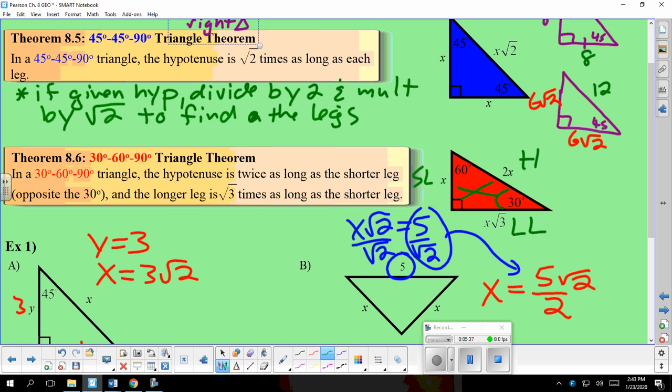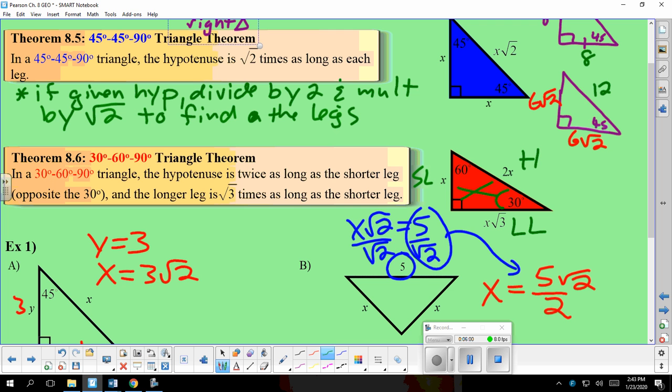We have our short leg, x. Our hypotenuse, which is twice the short leg. And the long leg, which is short leg times the square root of 3. One way to memorize these is notice this has a 30, this one has a 3. So 3 and 30. This root 2 is the other one.